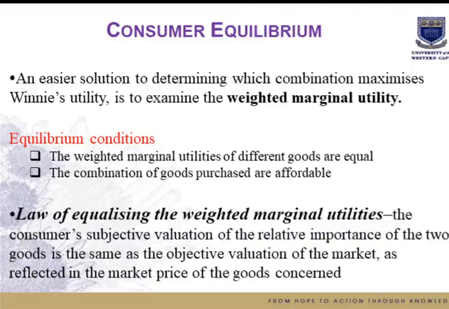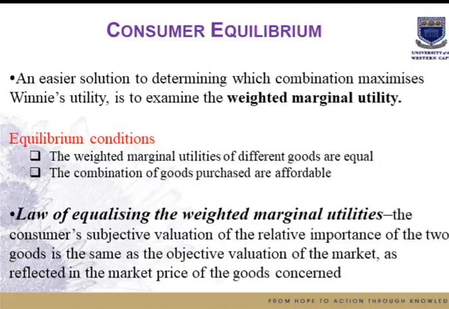If we return back to Table 6.2, we can see that a combination of 5 units of bread, 1 unit of meat, and 2 units of rice all have the same weighted marginal utility. Therefore, when the weighted marginal utilities are equal and the consumer has spent all the available income, then the consumer will be in equilibrium. At this equilibrium, the consumer derives the same utility from the last rand spent on each product.